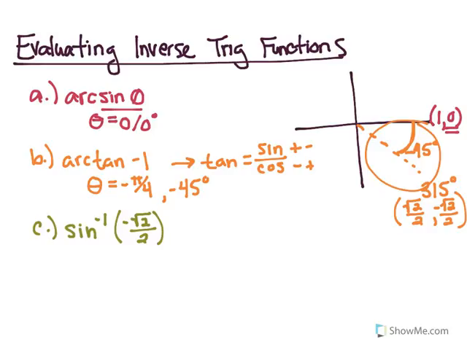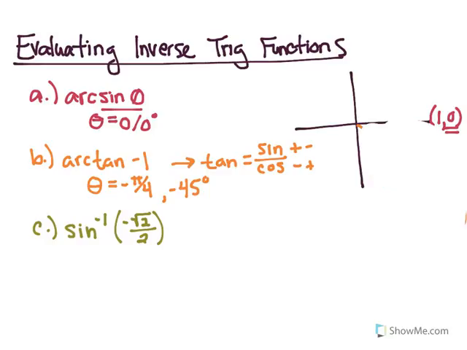So again, we're trying to look at either quadrant 1 or quadrant 4 to where sine is negative square root of 2 over 2. Obviously, we are not going to get any negative y values in quadrant 1. So our answers must be coming from quadrant 4, which means we're going to have another negative answer.